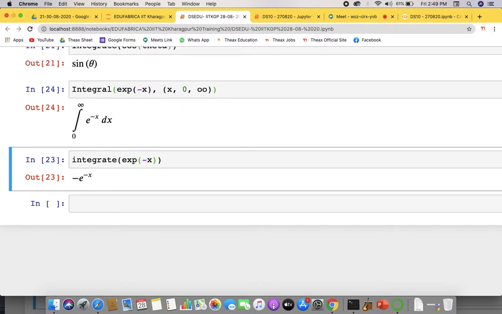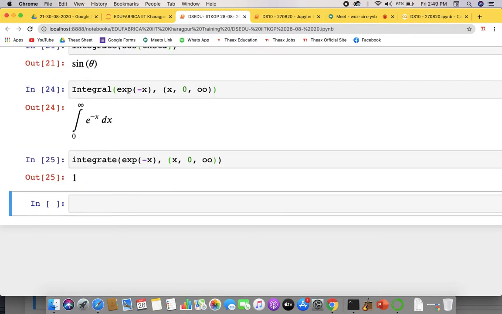So this will be termed as the integration of this from 0 to infinity. Similarly, if you write here x to 0 with infinity, so that is 1. Okay, so giving the limits and then solving accordingly.